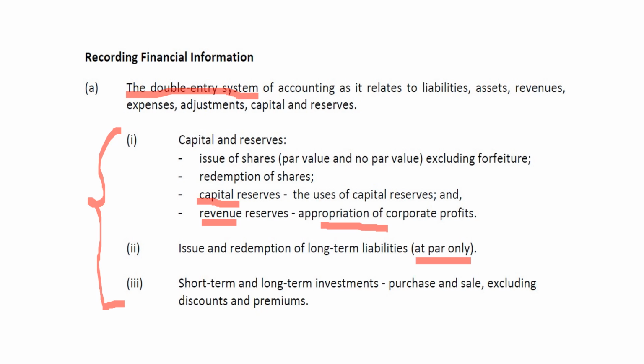Okay, so make sure you can handle the calculations here and you with your double entry. And remember, you cannot do it in a T account. You have to write up a journal, and at times you may be asked for narrative, and sometimes they may not ask you for narratives.